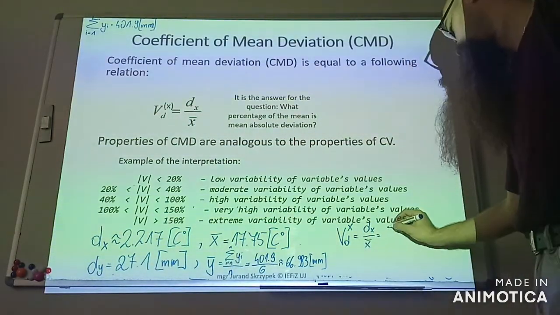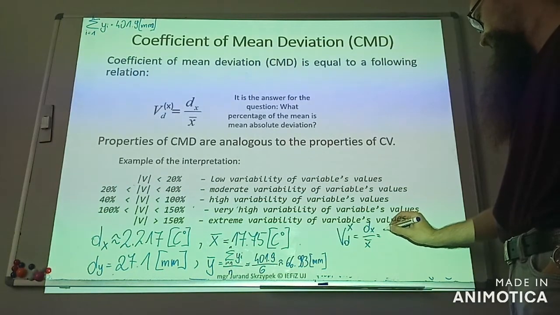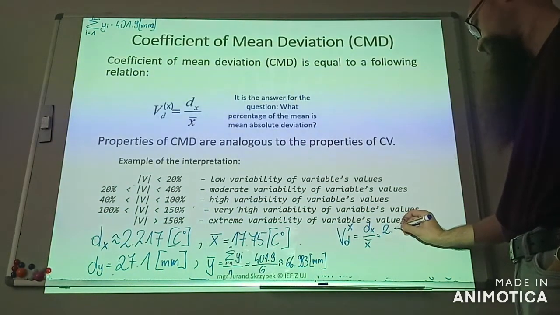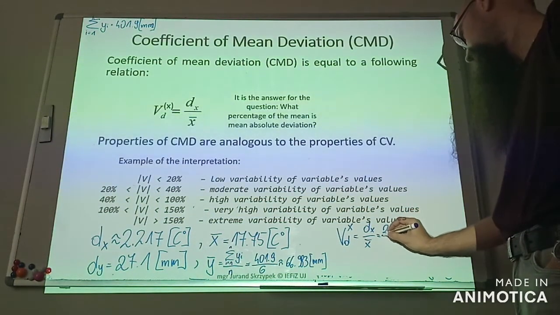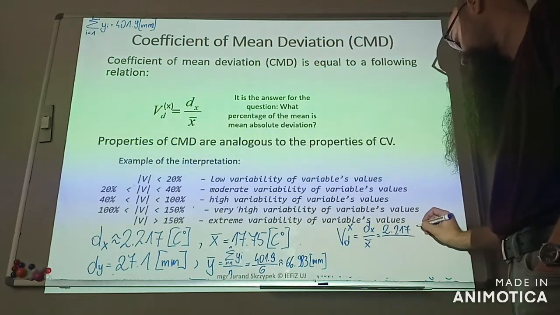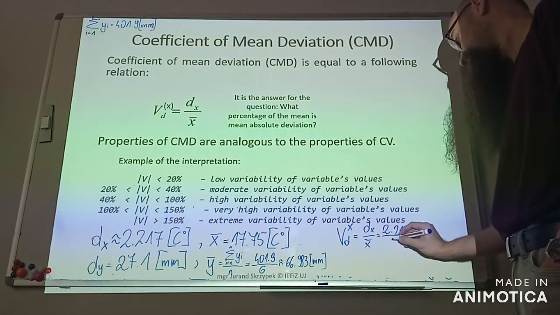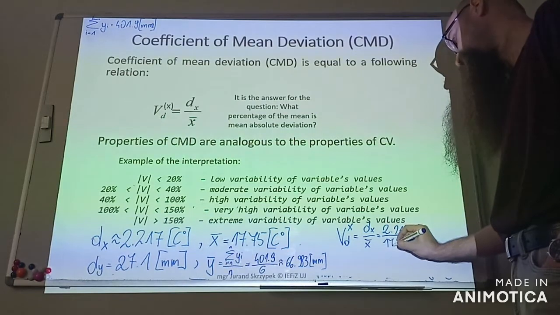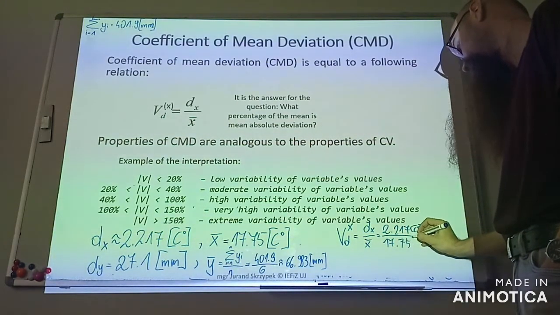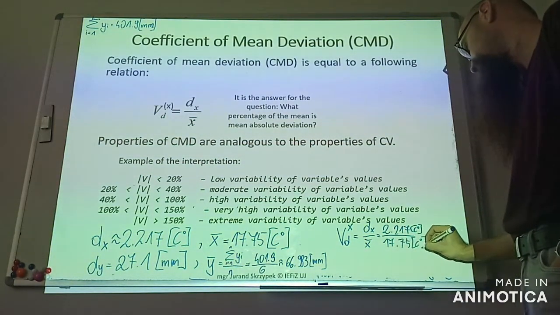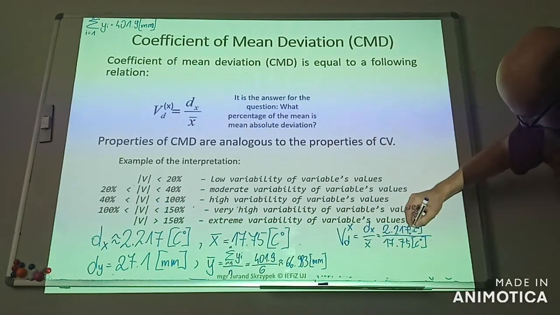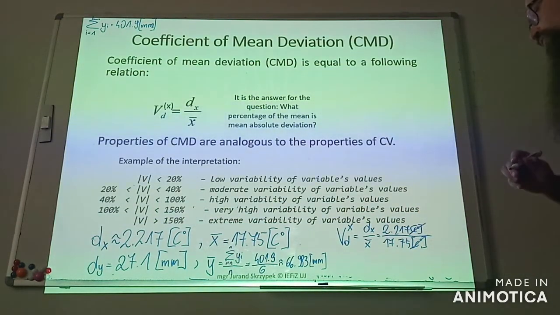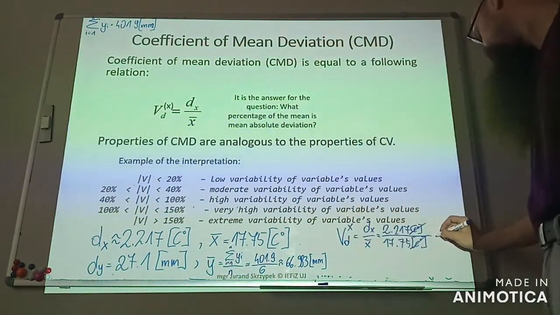In our example, we will divide 2.217 Celsius degrees by 17.75 Celsius degrees. Yeah, we can delete Celsius degrees. Now we have no units.